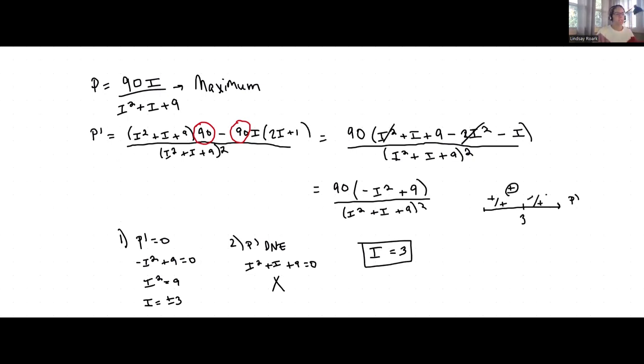So it would be positive and then negative. Therefore, I equals 3 is where there's a maximum, just as a double check. Typically, if there's only one answer, 99% of the time it's going to be the maximum or minimum they're looking for. But every now and then they might be rude, and not give you the maximum or minimum that we're looking for.